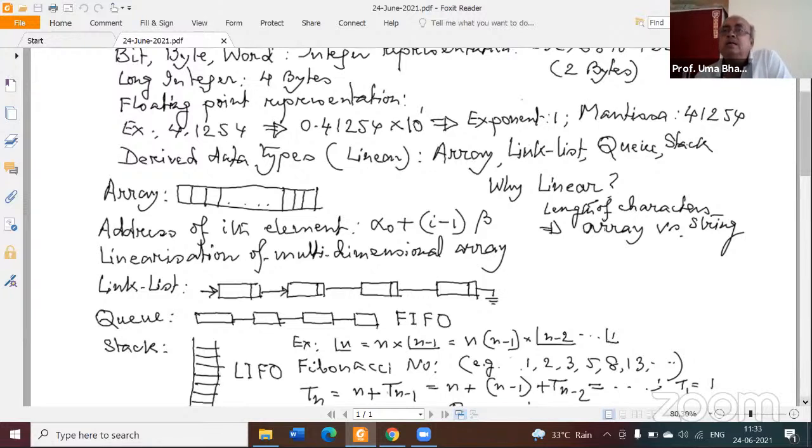Think of the stack. I have to compute factorial 6. Instead of computing factorial 6, I put factorial 5 first in the stack. Then I put factorial 4, which comes on top of factorial 5, then factorial 3, then factorial 2, then factorial 1. And finally, I know factorial 1 is 1. So I am putting these intermediate steps in a stack.